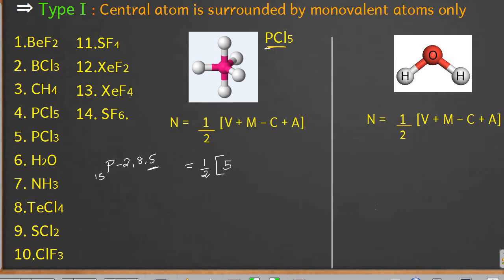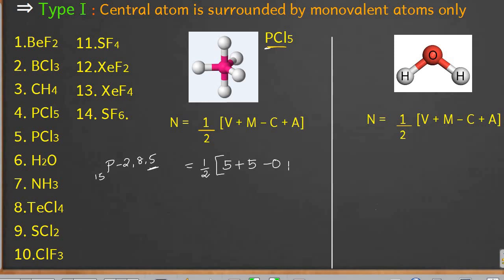So V is 5, plus M, the number of monovalent atoms, which is 5, so write 5. Is there any cation? No, so write 0.